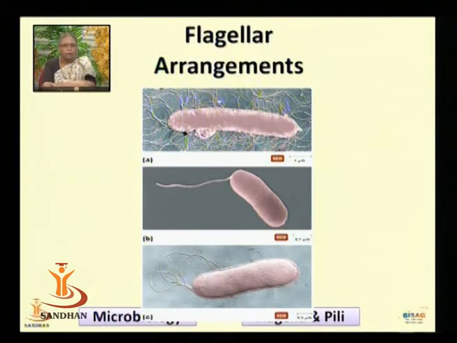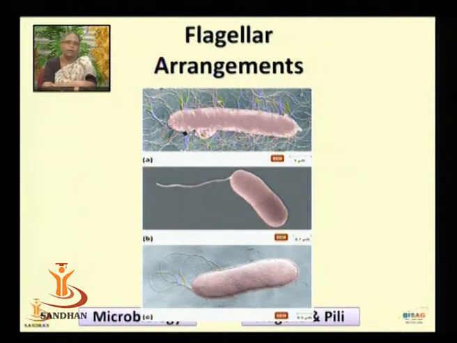And you should also know that while observing the movement under the ordinary microscope that we use in the laboratory, we can see the movement of the bacteria, but we can't see the flagella even though they are there. That is due to the extremely small diameter of the flagella, which falls below the limit of resolution of the light microscope.